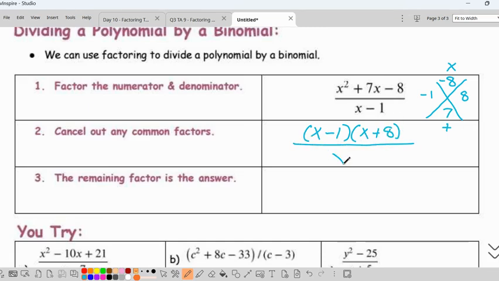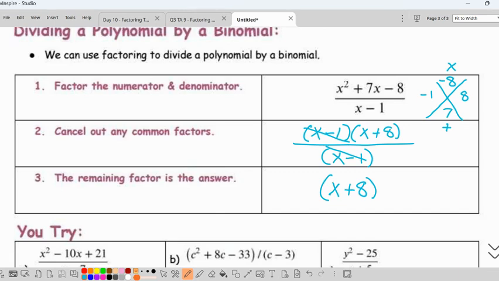And when I take a look, I can see that I have a common factor in the numerator and the denominator. So x minus 1 divided by x minus 1 is 1, and I can't do anything else. So my final answer is x plus 8. It's the factor that remains once I cancel them out.